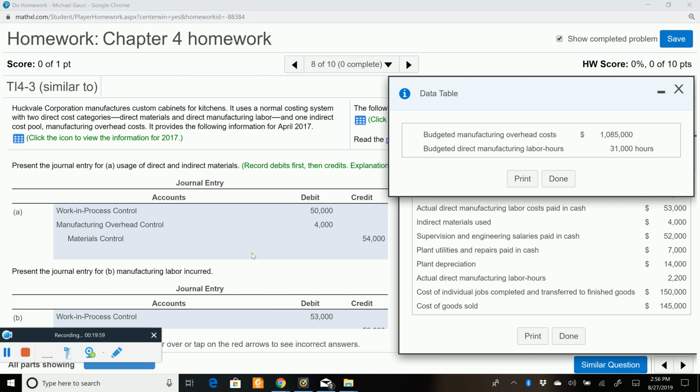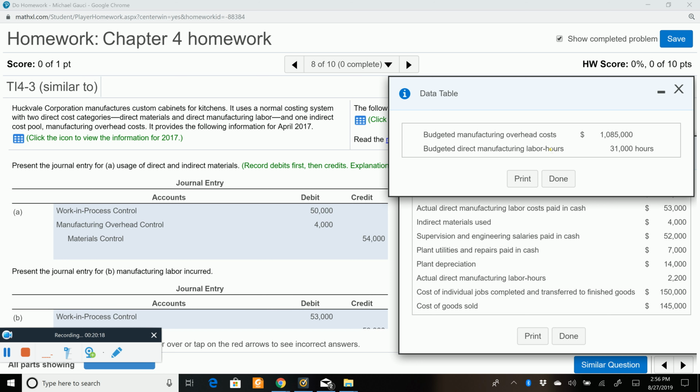The author told us budgeted overhead was $1,085,000. And if we divide it by budgeted direct labor hours of 31,000 hours, you get a predetermined overhead rate of $35.